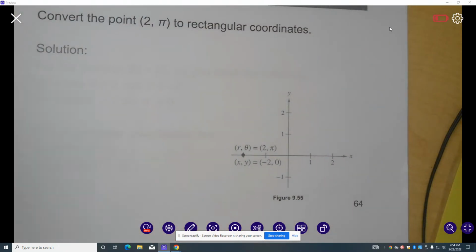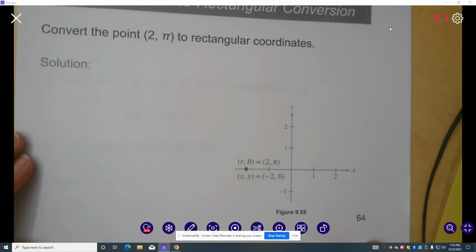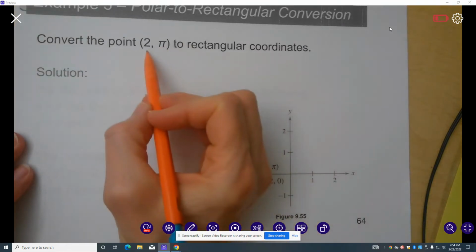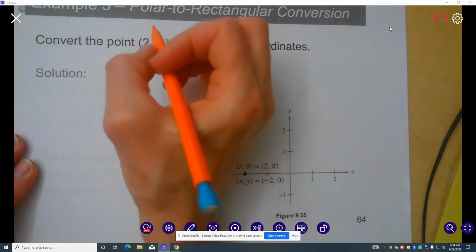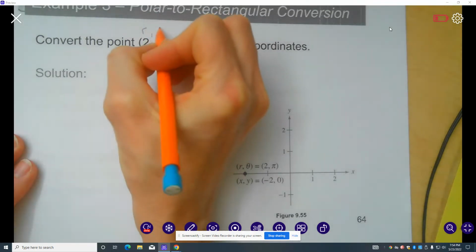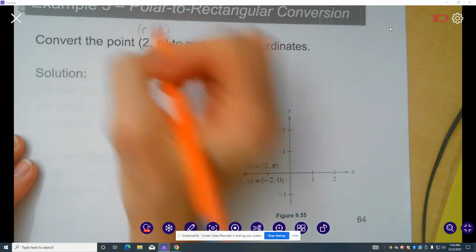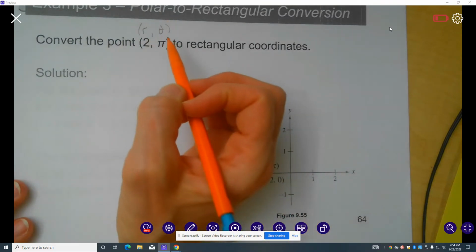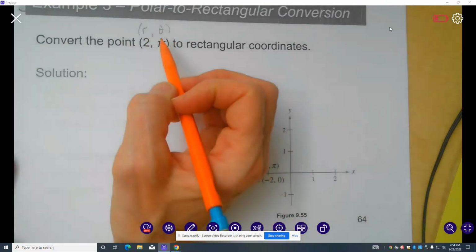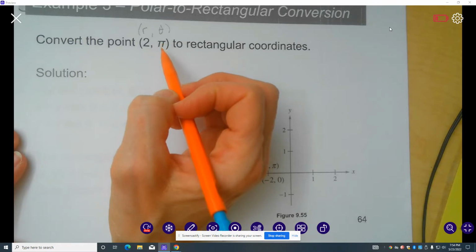So the first example here is example 3. So you want to write that in your notebook. And it says convert the point (2, pi) to rectangular coordinates. So right now it's a polar point, which means this is our r and this is our theta. Remember we're finding x and y.